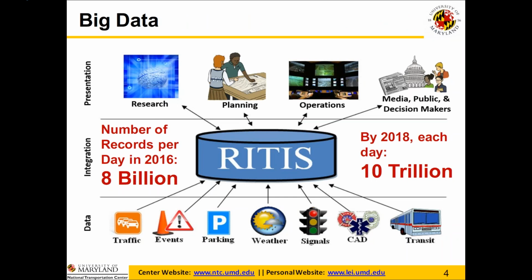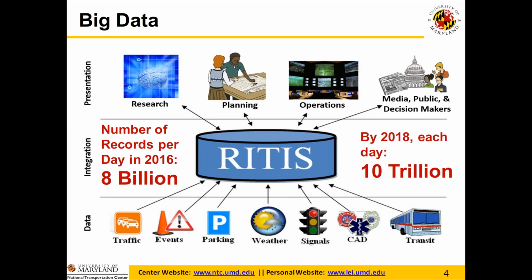A lot of data to support different kinds of models. Many of you know, but probably not everybody, that in Maryland we have the largest transportation data center and data analytics center in the U.S. Right now, we archive about 8 billion data records every single day, right? So there's demand-side data, supply-side data about speed, travel time, accidents, parking, weather, traffic signals, special vehicles, transit.